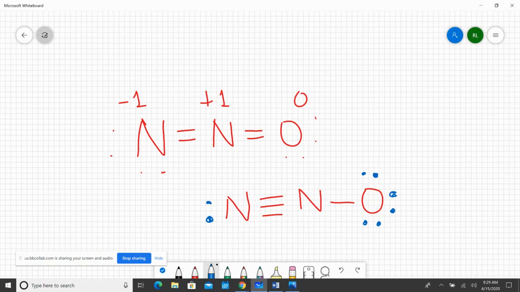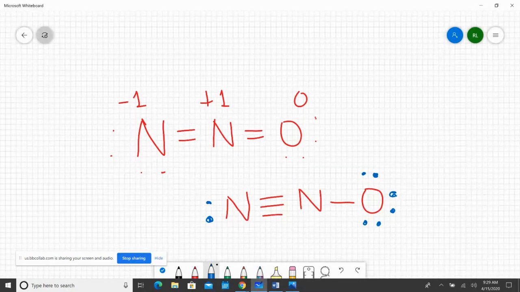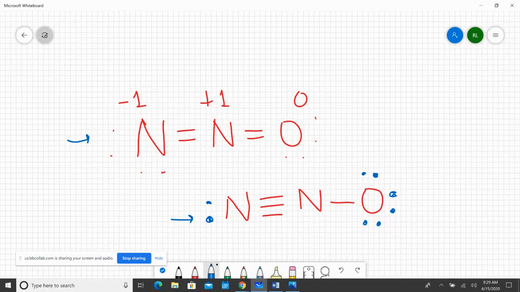Whenever you draw this Lewis structure, you're going to see that both of these structures are following the octet rule. All the atoms have 8 valence electrons surrounding them. Now the question is, which Lewis structure is better? Or how can we use the formal charge to predict the better Lewis structure?